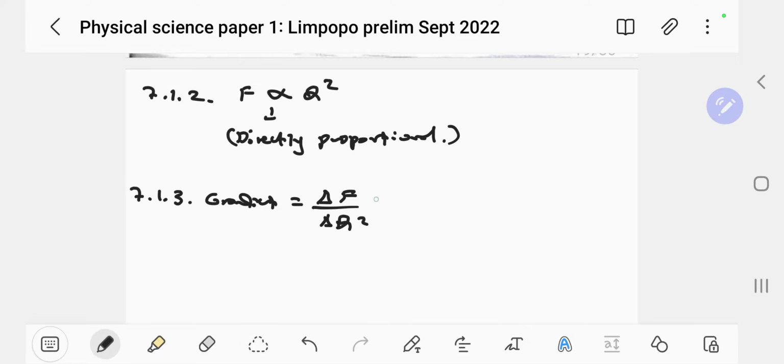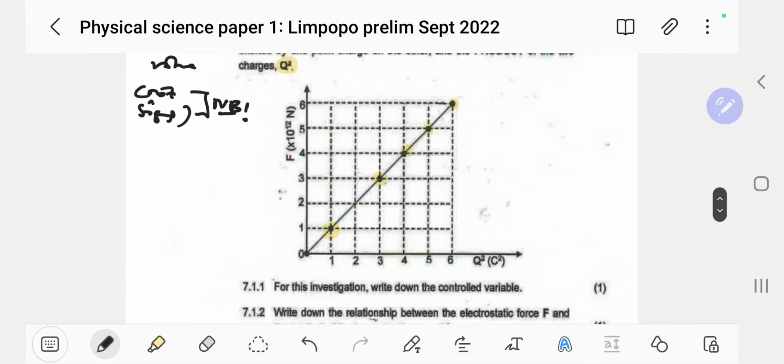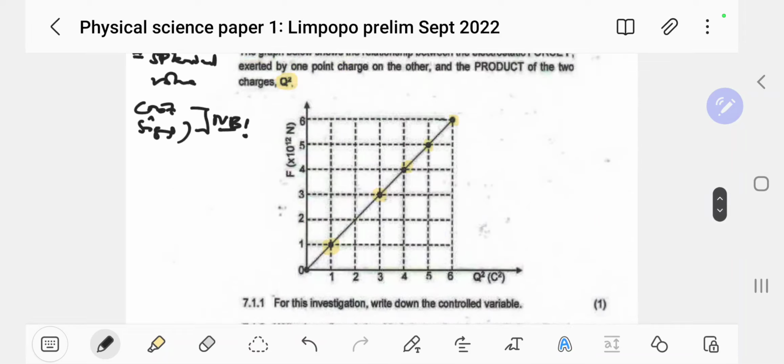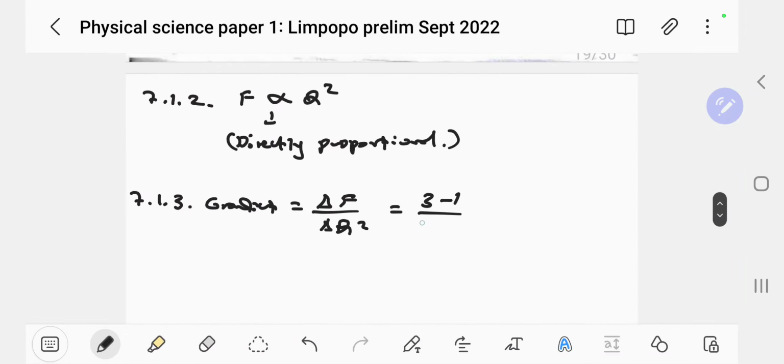Because that is the change in y over change in x. So if we choose that 3, there's going to be 3 minus 1 over 3 minus 1 as well. So this is basically 2 over 2, which is 1.